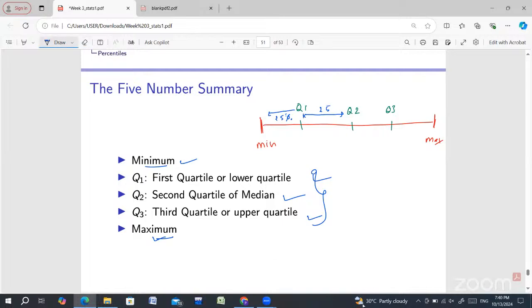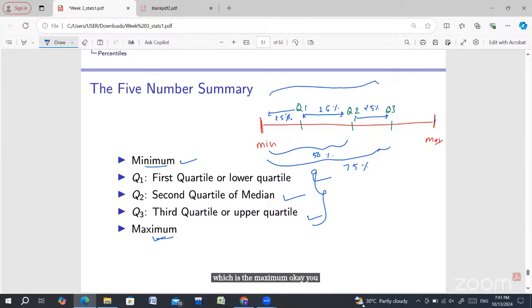In total, below the second quartile, 50% of the data will be there. Between Q2 and Q3, again 25% of the data will be there, or you can say below Q3, 75% of the data will be there in total. Then this point, which is the maximum, you can say that 100% of the data will lie below it.